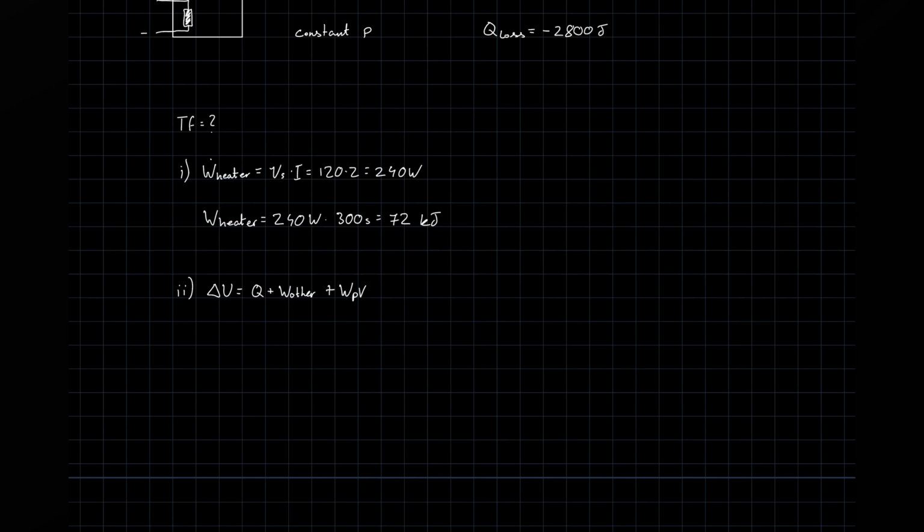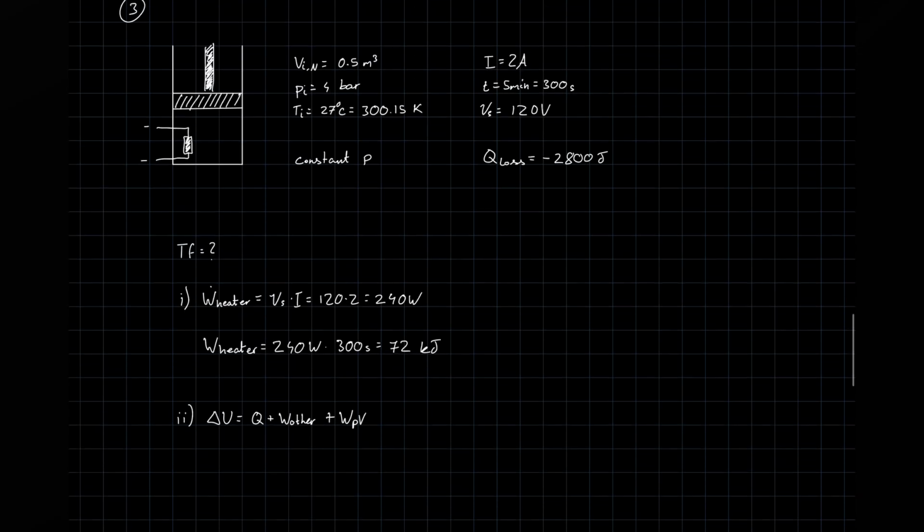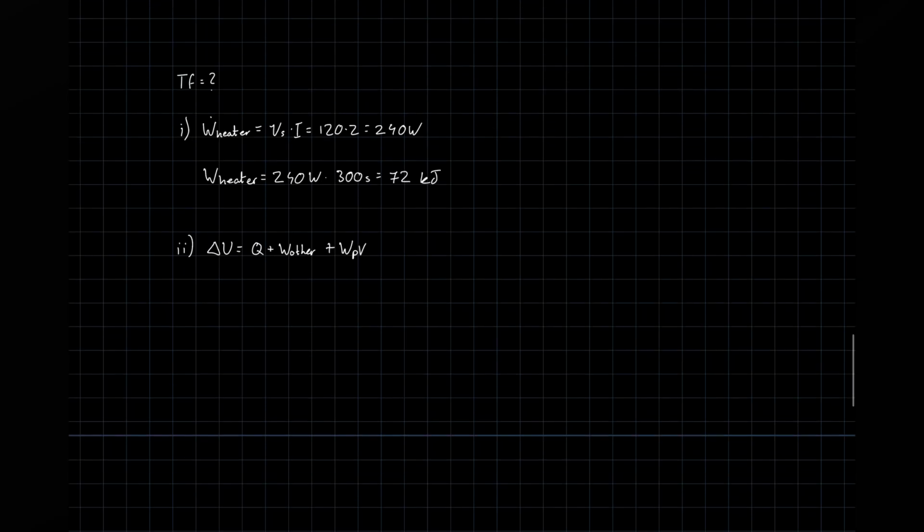And we also have PV work because the piston is expanding. However, we know that delta H, the change in enthalpy, is equal to Q plus work PV, right? Wait, no, plus work other.